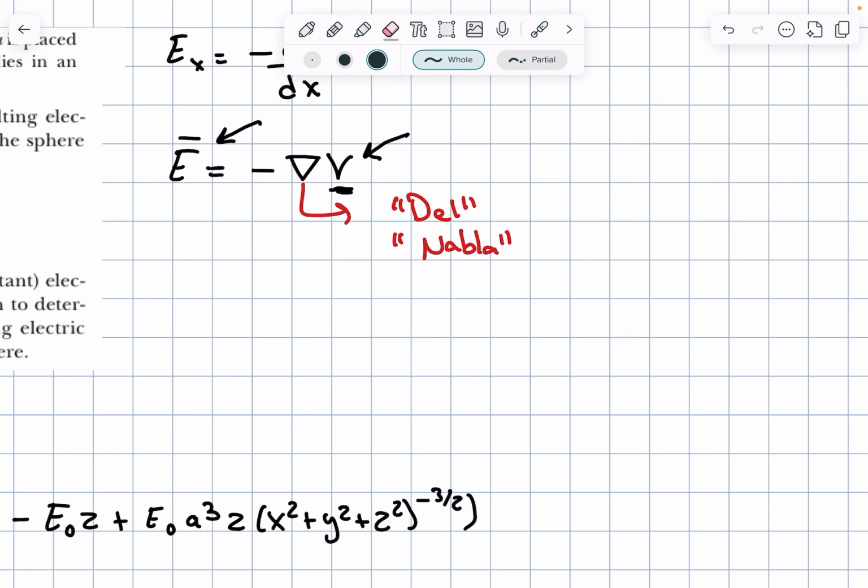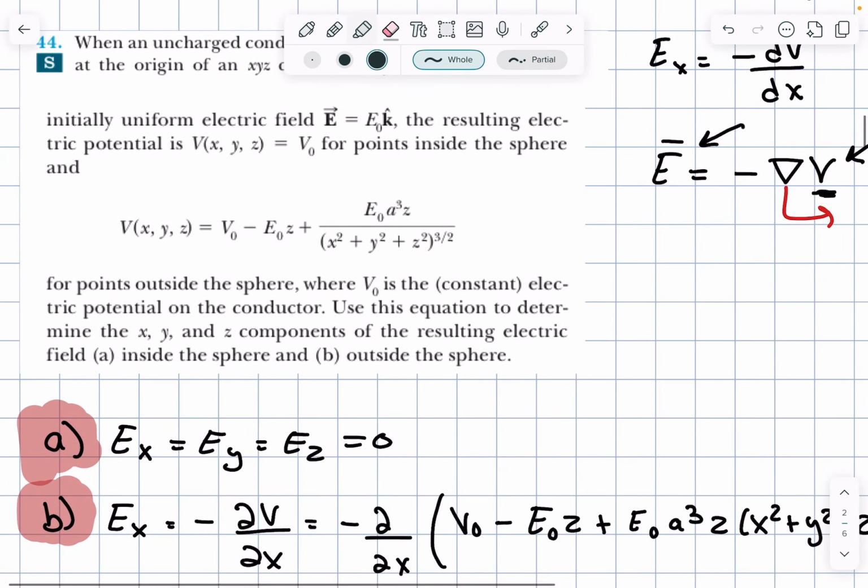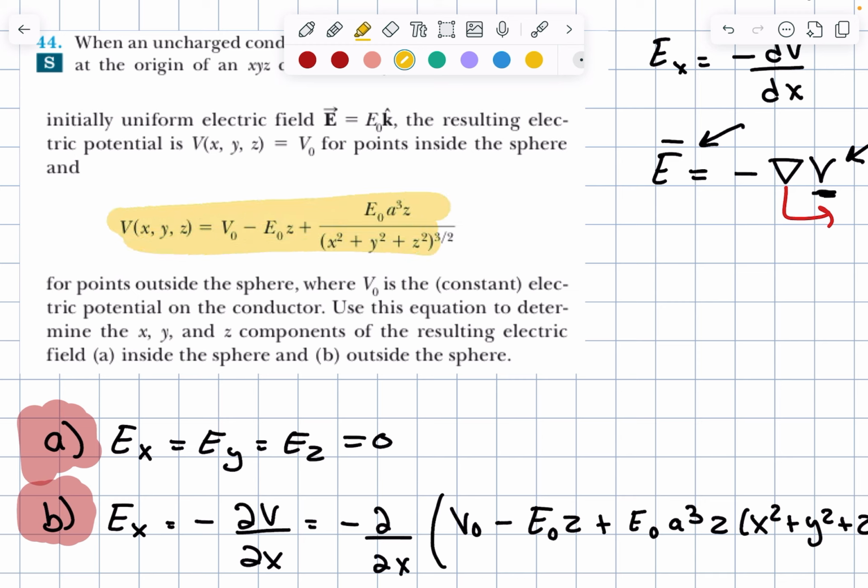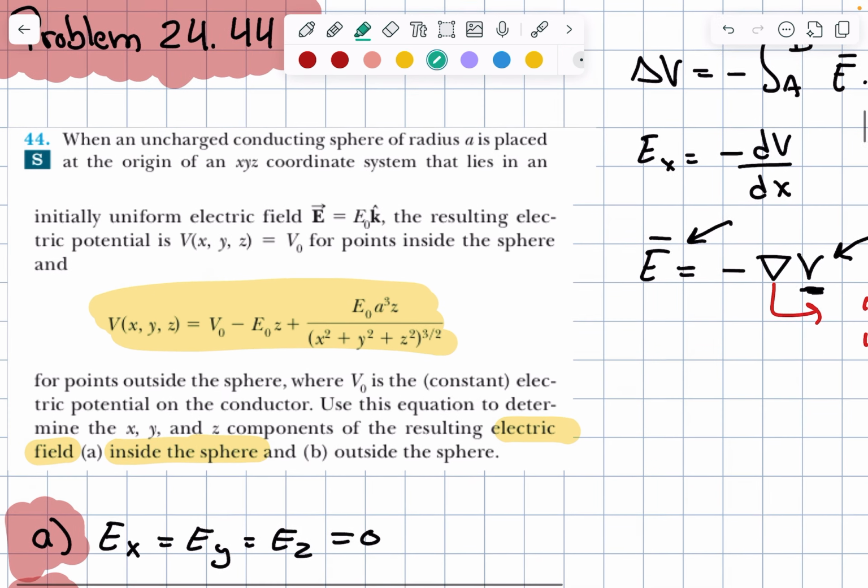This problem essentially just gives you a kind of difficult potential expression. So it says, this is what it is, and it wants you to do two things. The first one is to figure out what the electric field is inside the sphere. Now, if you go back in the question, it says it's an uncharged conducting sphere.